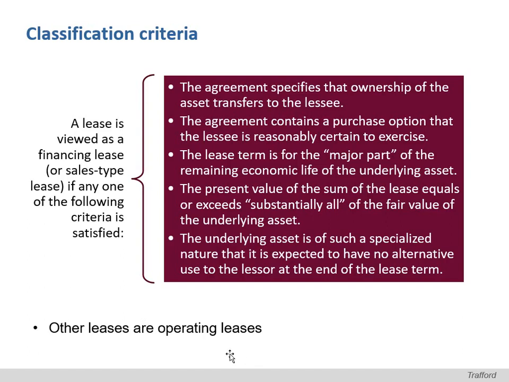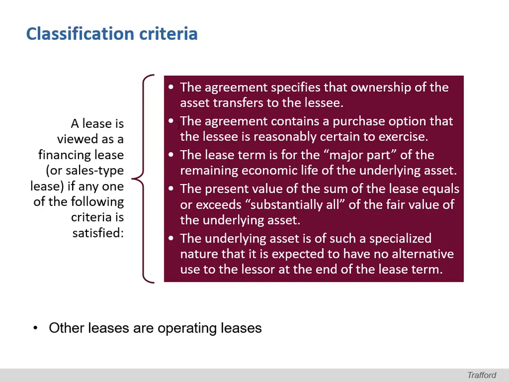Let's walk through these. We have a financing lease when the lease agreement specifies that ownership of the asset will transfer to the lessee. So obviously if the lessee ends up owning the asset, then they truly have been transferred all of the risks and rewards of ownership of that asset.